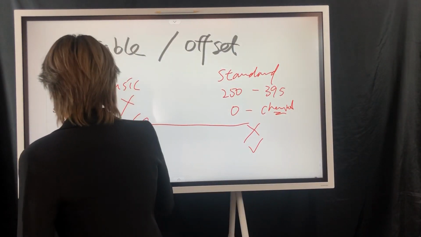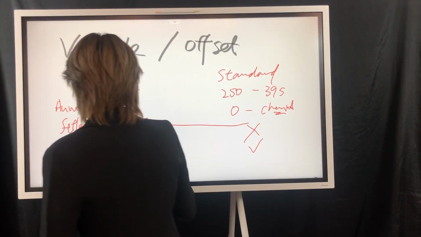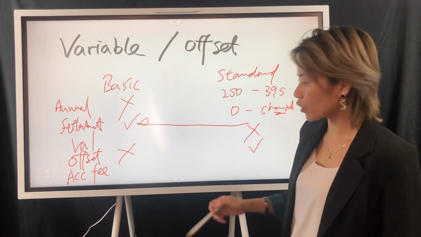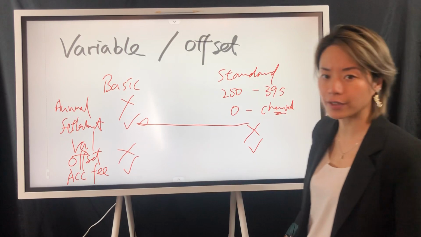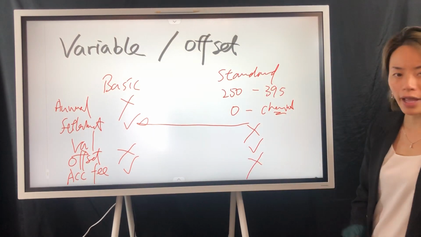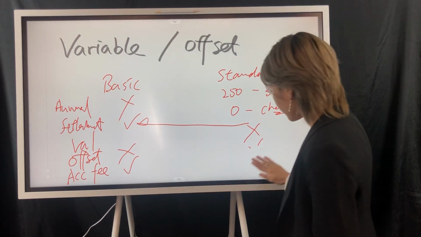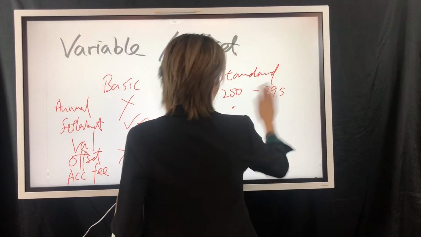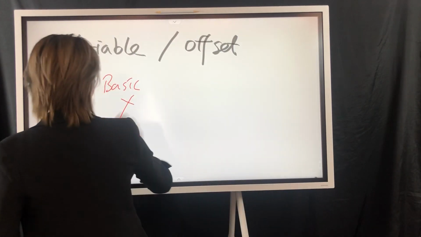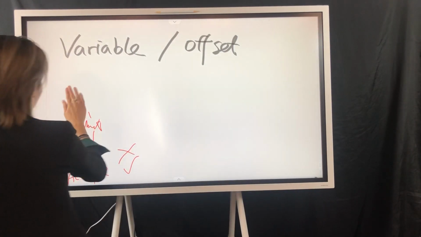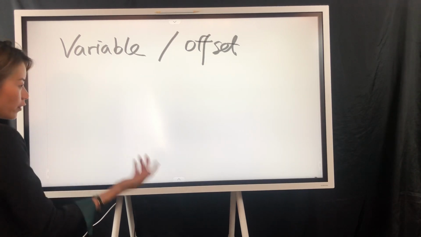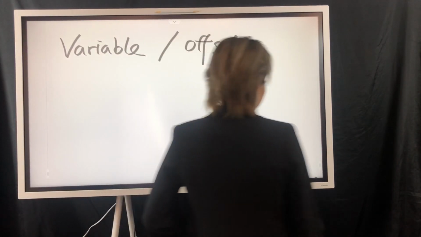Account fee, or we call it transaction fee. Basic variable, most of them will have an account fee. Standard variable, most of them don't have any account fee. Also, with basic variable, some of them have a limit of how many transactions you can do, like daily transaction, monthly transaction. If you go over that, they will charge you a fee for that.